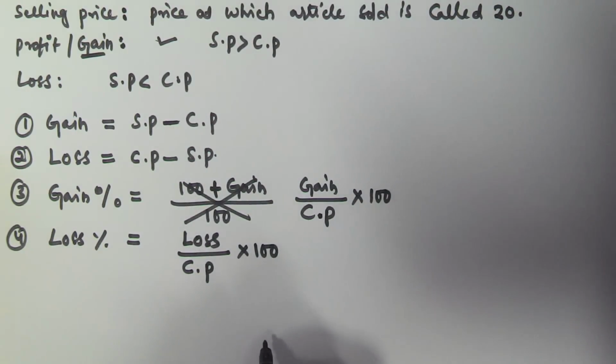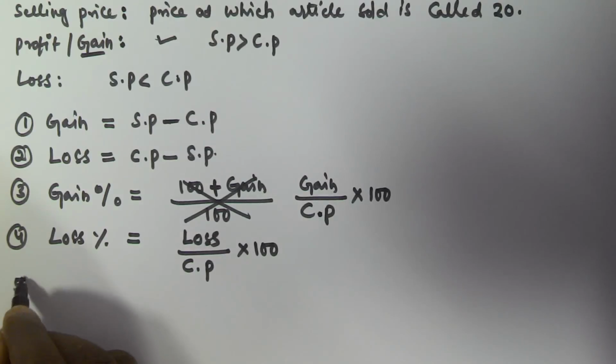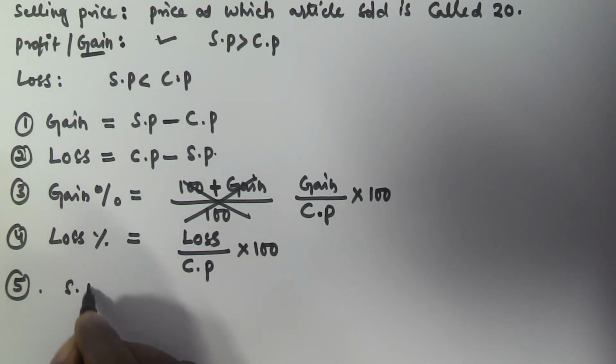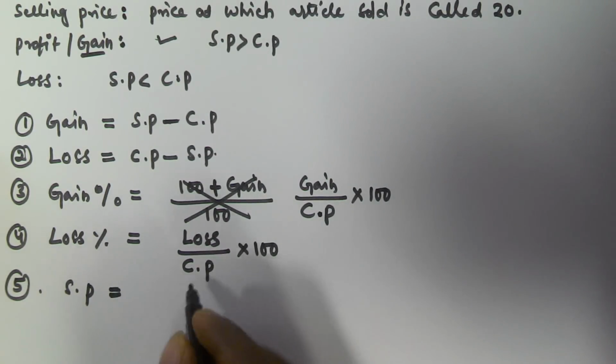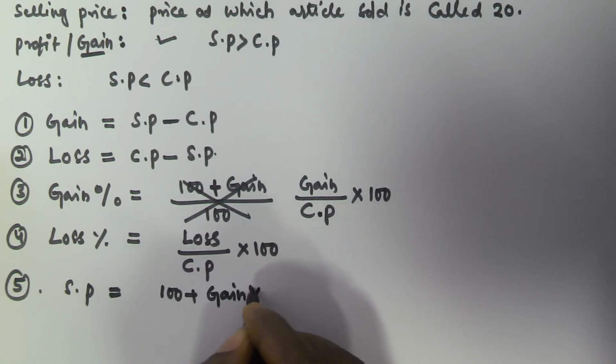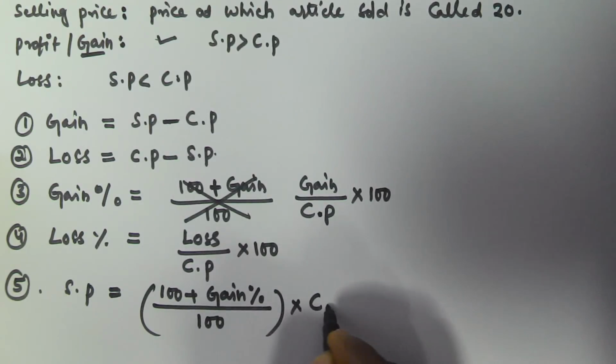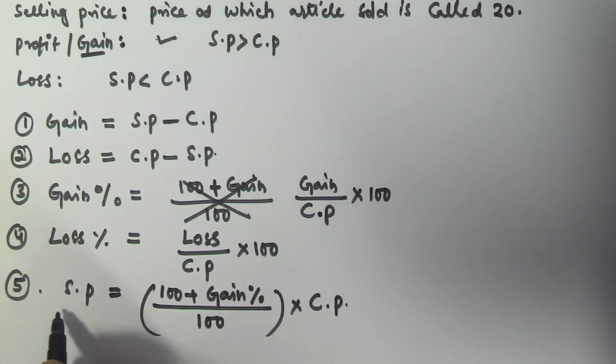The fifth one is the selling price. The selling price is given by 100 plus gain percentage, by 100, into cost price. This will give the selling price.